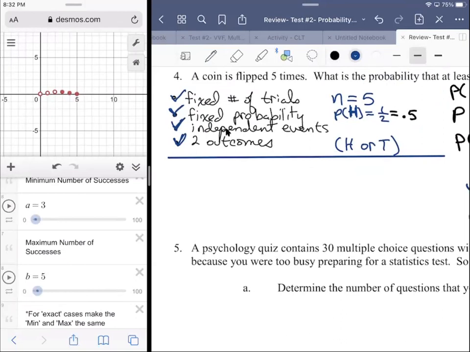You'd say, okay, I'm flipping a coin 5 times. Well, I guess they could all be heads. Maybe the first one's heads, and then it's all tails after that. Maybe a couple of heads, a tails, and then a couple of heads.